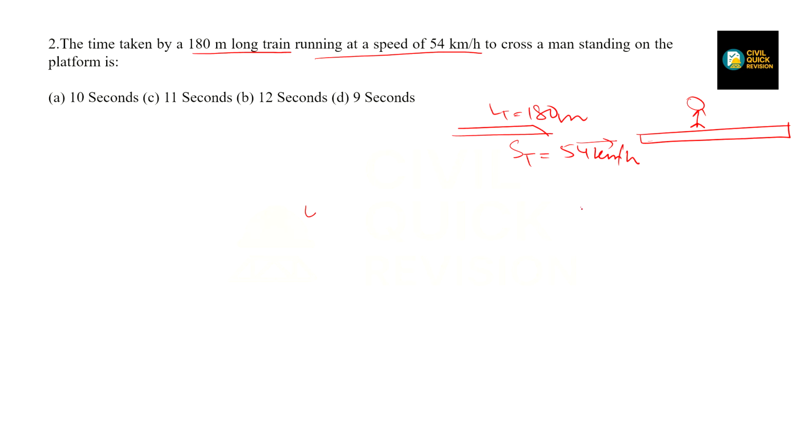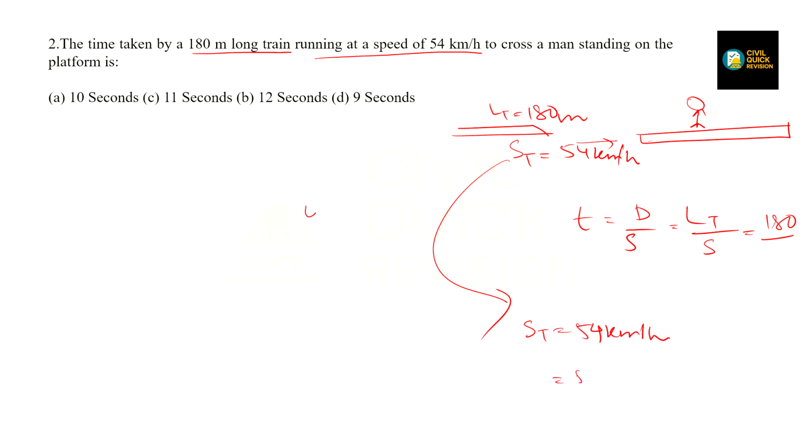So as you all know, time is equal to distance by speed. Distance is the length of the train, which is 180 meter. The option is given in seconds, so we can convert the speed to meter per second. 54 km per hour, we can convert it into meter per second by multiplying by 5 by 18.